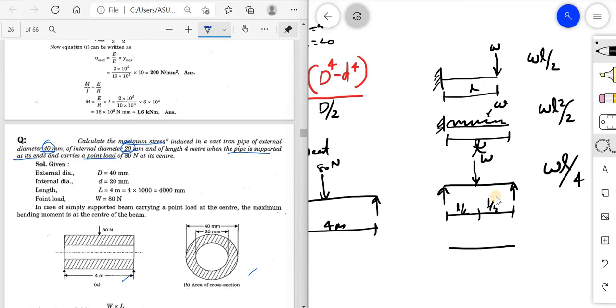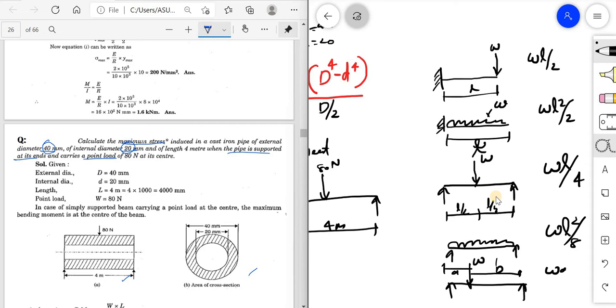And if a UDL is there, maximum will be W L square by 8. And one more, if a W is acting at a distance A from one end and B from the other, the value will be W A B by L. So these are the values you just have to understand.